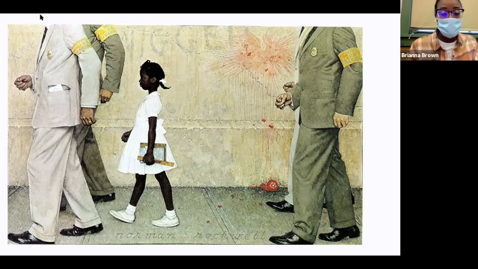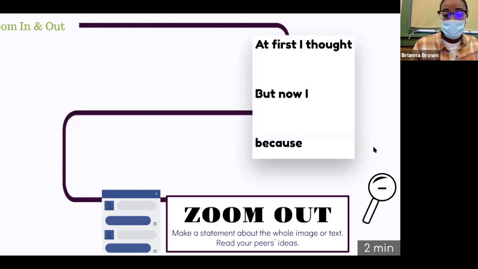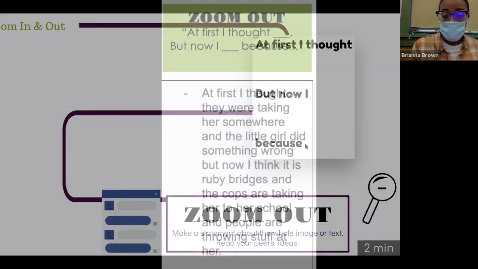And now that you've had a chance to look at each section and zoom out, what do you think now? So you have the same sentence starter on your sheet. At first, I thought, you'll fill it in, but now I think, you'll fill it in, and then make sure to give a reason as well.